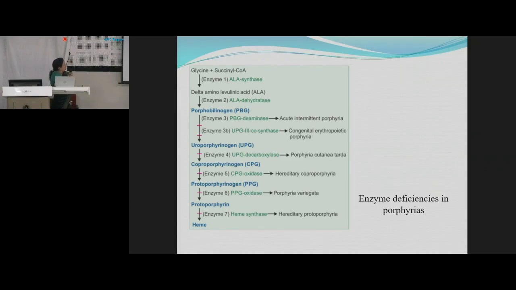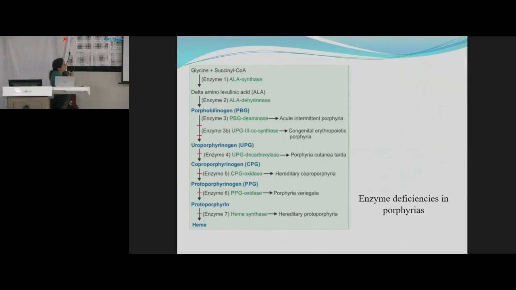So these are the various types of porphyrias. One was acute intermittent, second is congenital erythropoietic, Porphyria cutanea tarda, hereditary coproporphyria, variegate porphyria and hereditary protoporphyria. So we have seen all porphyrias are autosomal dominant except the congenital erythropoietic, which is autosomal recessive.